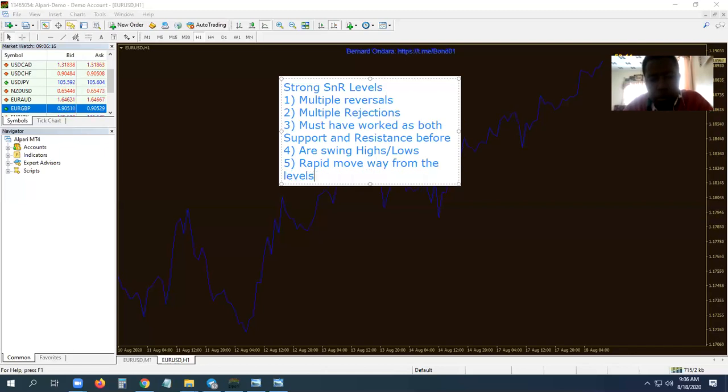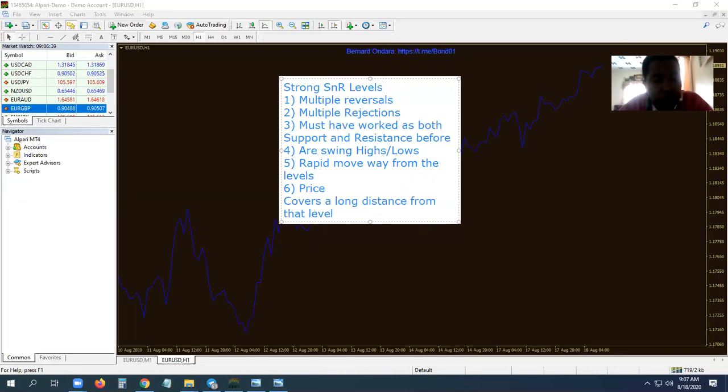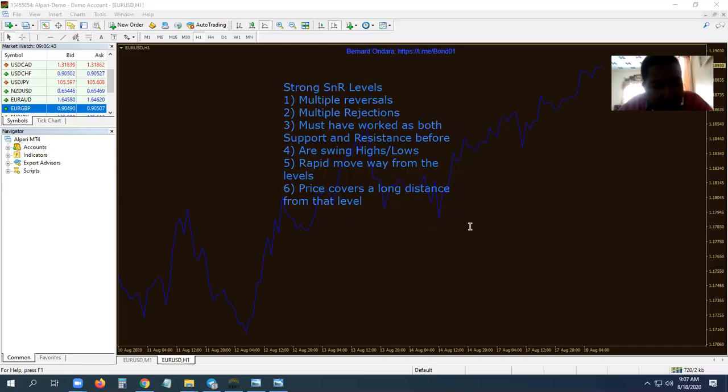A level where whenever the market goes to that level, it changes direction very fast and goes away from it. Or you can say number six, price covers a long distance from that level. So keep these points in mind, and I want to demonstrate what they are.